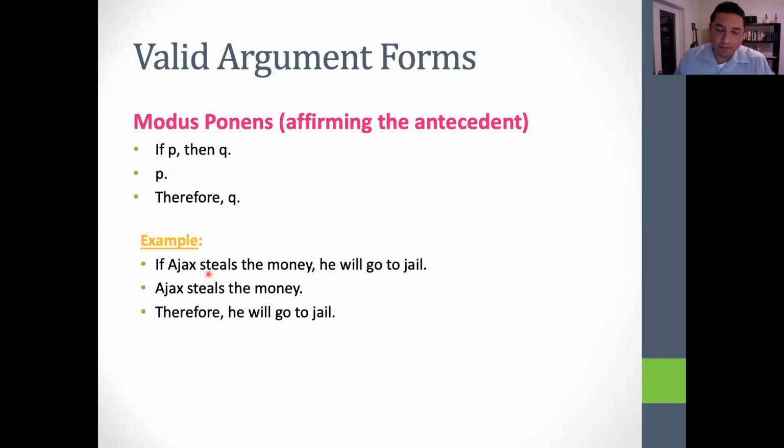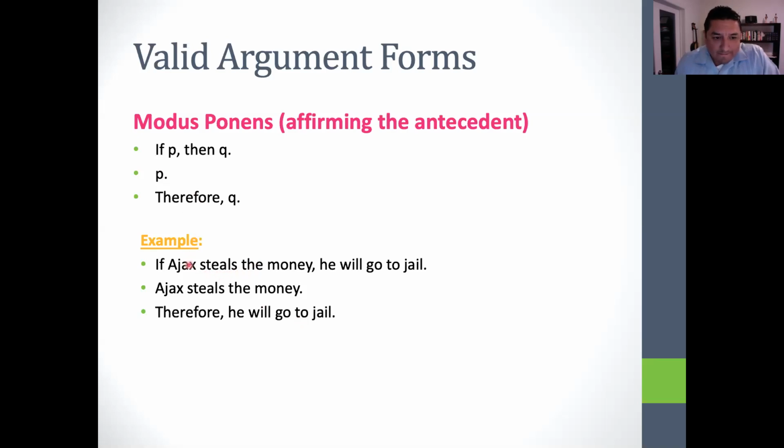So here's an example of it. We saw the earlier one. Here's another one. So if Ajax steals the money, he will go to jail. Ajax steals the money, therefore Ajax will go to jail. Now, just keep in mind that some of the points I just made about the form are going to be applicable to the example, right?